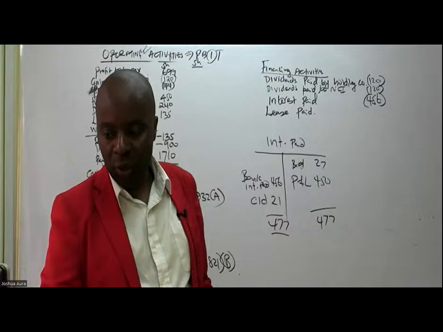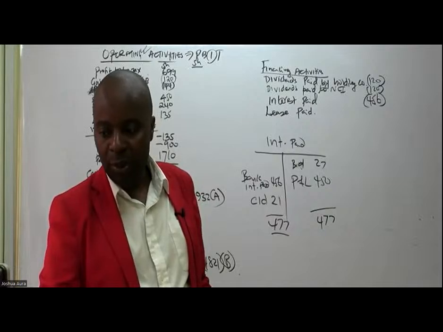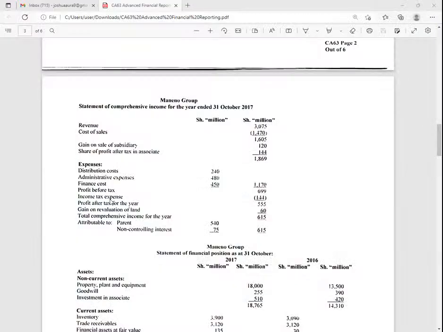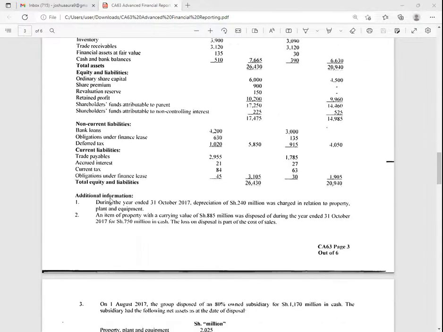So what do we have here for lease paid? In this question, you can see the lease obligation. I like this lease obligation because I can see there is both non-current and current. No problem, I'll combine.